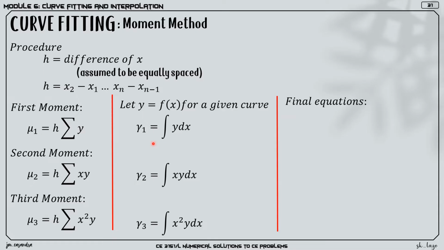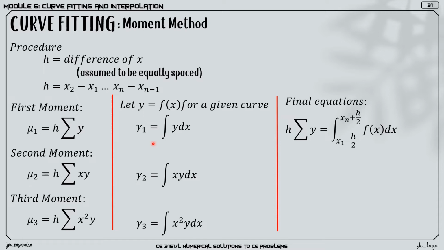For the first moment, that is h times the sum of y equal to the integral of f of x dx from the lower limit x sub 1 minus h over 2 to the upper limit x sub n plus h over 2.